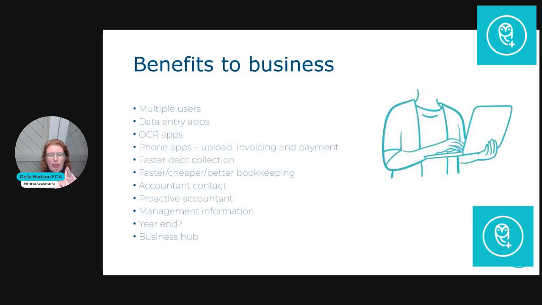So benefits to business with cloud software, you can have multiple users. So you can have the bookkeeper, the accountant, and the business owner all logging in separately to the same up-to-date information. Now, it might be that the accountant is the bookkeeper or the business owner is the bookkeeper, but you get the idea. You can connect it to data entry apps, get your clients taking photos of their receipts on the phone using HubDoc.